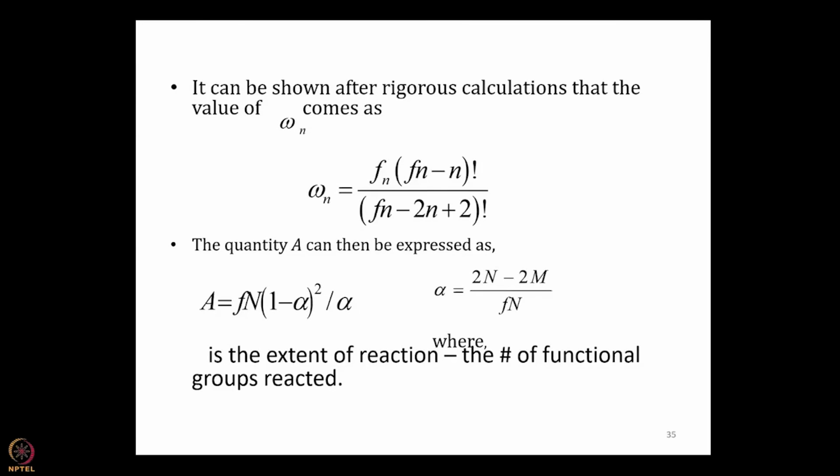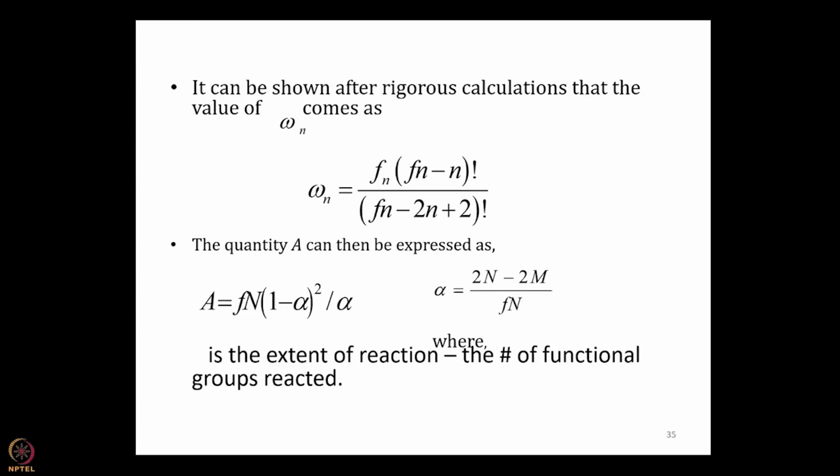A is the following expression: f n (1 minus alpha) squared by alpha, where alpha is the extent of reaction, very common in chemistry. That means the number of functional groups that react. If I don't have rings, that's why absence of ring polymer cyclization comes as a hypothesis, each reaction consumes 2 functional groups. That's why you see the factor of 2.